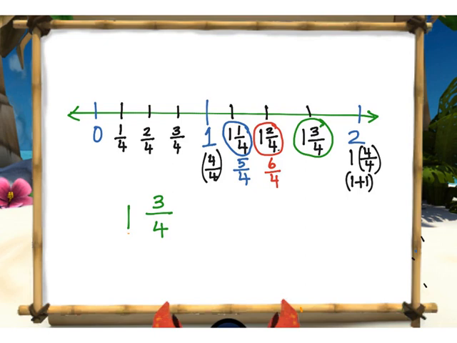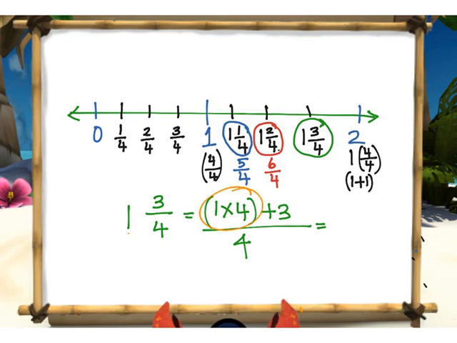So we have to multiply 1 times 4 and then we have to add this number. Okay, so let's do it. 1 times 4, and then we add this number plus 3, and then the denominator 4 goes down.